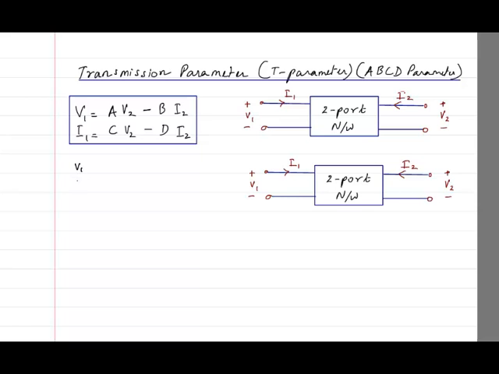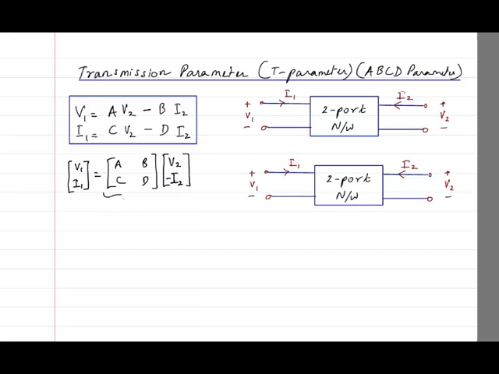Now this equation can be written in matrix form as [V1, I1] equal to matrix [A, B; C, D] times [V2, minus I2]. Now you might be asking, where did that minus go? I am going to take it here with I2.